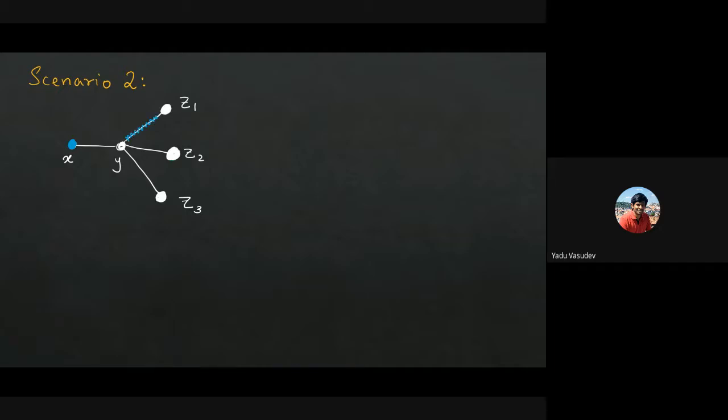Suppose you consider this edge yz1. What can happen? The difference can decrease, right? How will it decrease? If you add y and remove z1. If you add y and remove z1, will it decrease or will it increase?